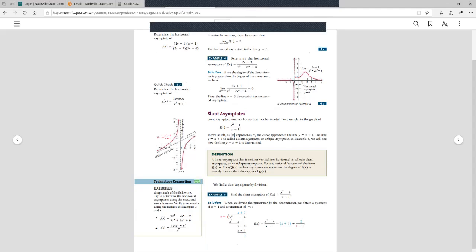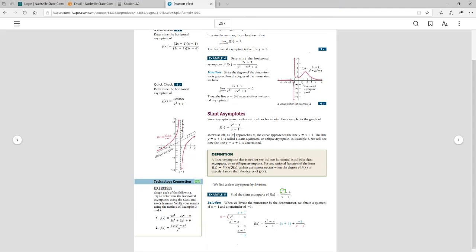For any rational function of the form f of x is equal to p of x over q of x, a slant asymptote occurs when the degree of p of x is exactly 1 more than the degree of q of x. So if you look at example 5, we notice that the degree of the numerator is 2, and the degree of the denominator is 1, and 2 is exactly 1 more than 1. In other words, we are guaranteed to have a slant asymptote in this case.